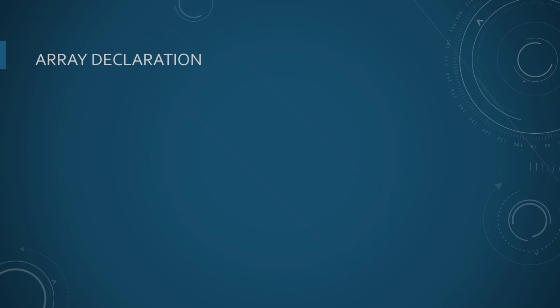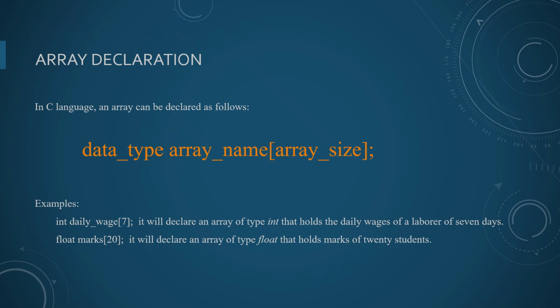In this slide, we will discuss how we can declare an array. In C language, an array can be declared as follows. We have to declare three things about an array. First of all, we have to mention the data type of the array, whether it will be integer, float, or character.